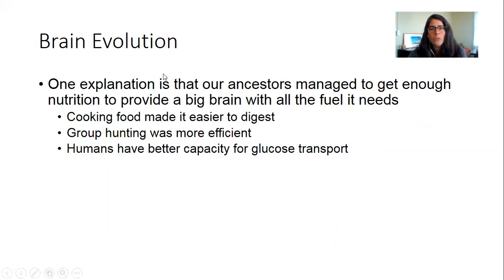Remember, glucose is the primary source for the brain. Our ancestors managed to get enough nutrition. We began cooking food, which made it easier to digest and easier to extract nutrients. Group hunting was more efficient, and humans have better capacity for glucose transport.